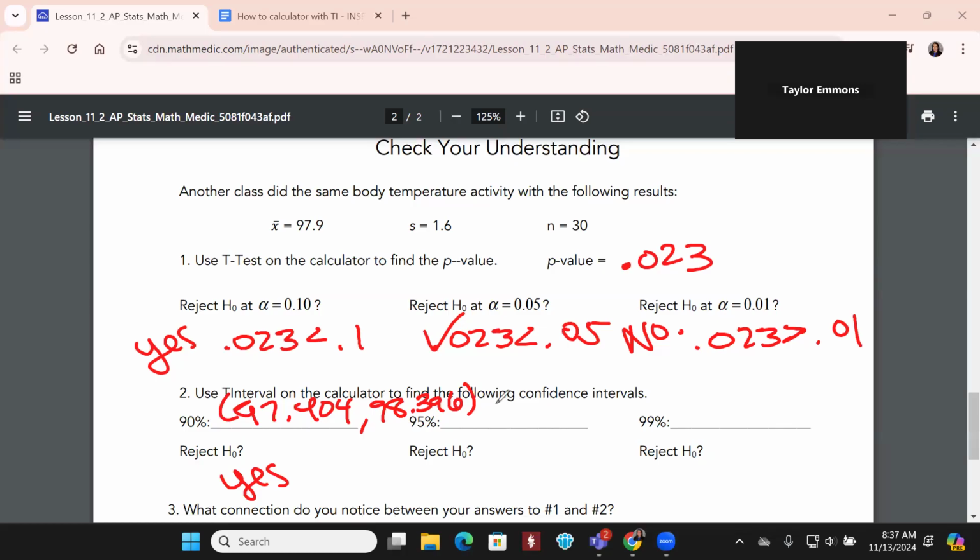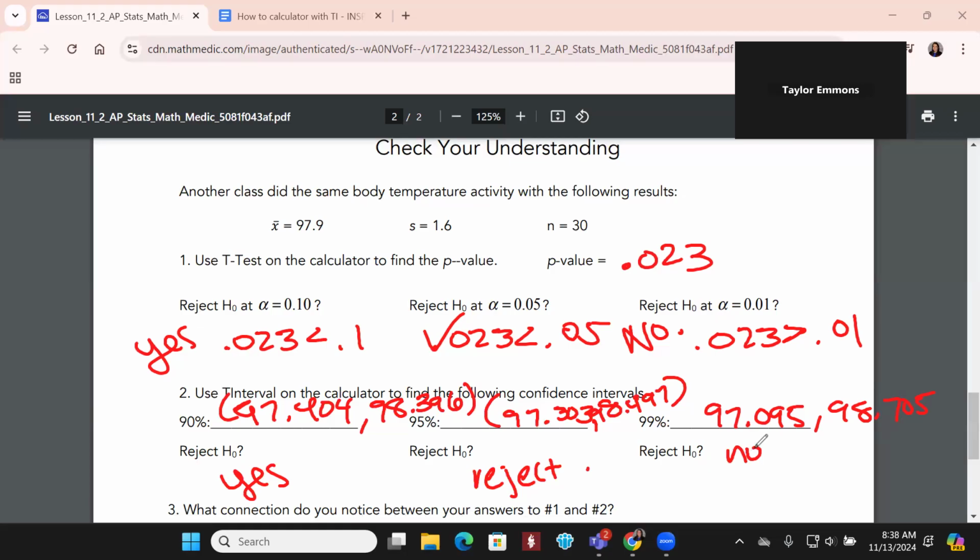On the next one, 95%, that's going to be from 97.303 to 98.497. And we're going to reject the null. And then the last one is going to be 97.095 to 98.605. Yep.